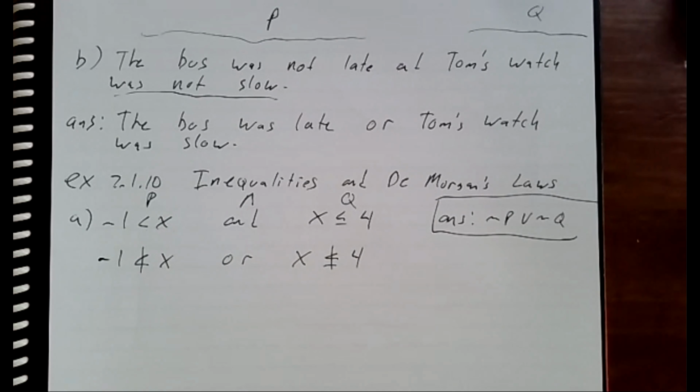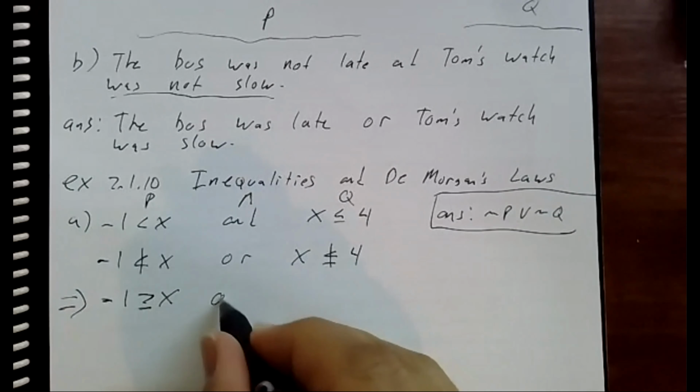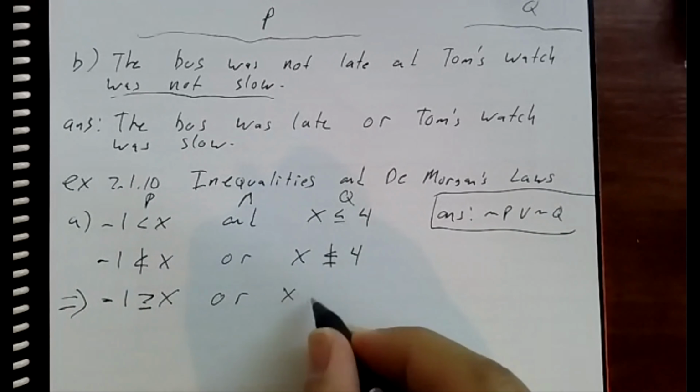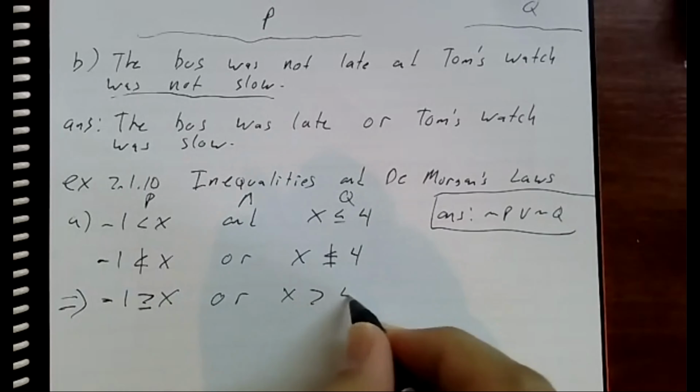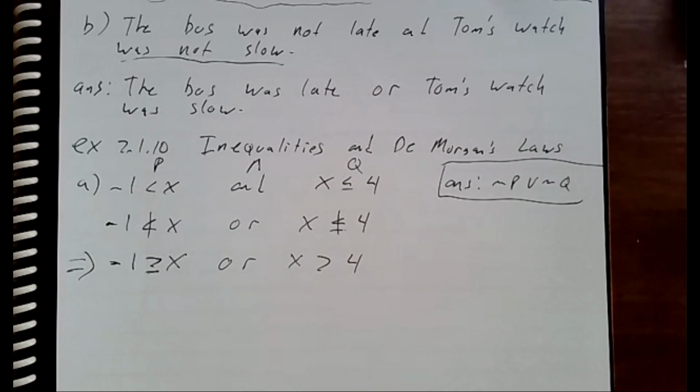So you use the complete opposite. Or x is greater than 4. See how I no longer have the equal to part. Does that make sense? Yes. So make sure you use the correct symbol.